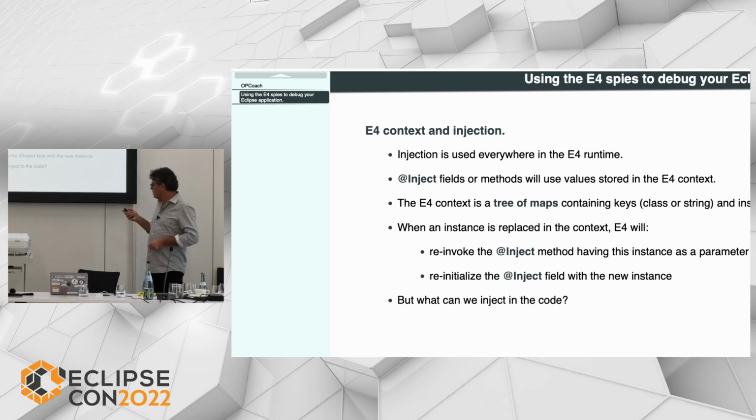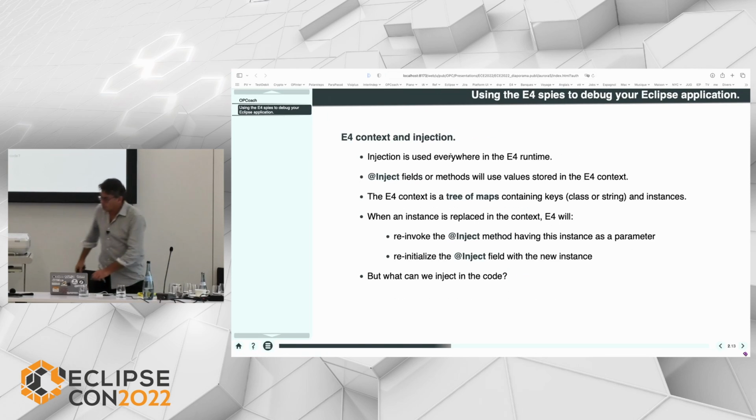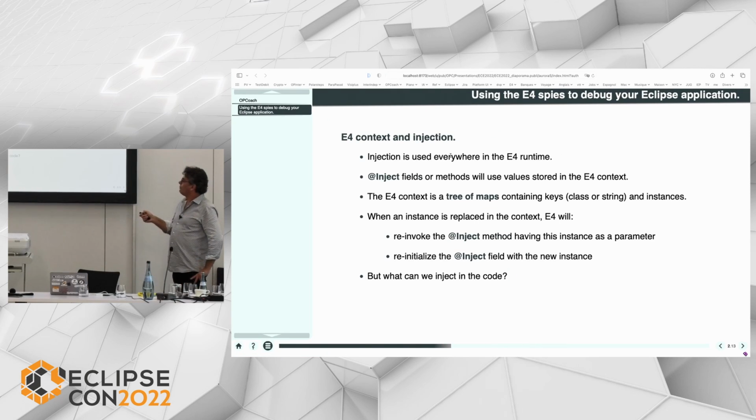When you define a method or field with an inject annotation, the E4 injector remembers that this method has injected this parameter with this class. So if the value changes in the context and the instance is replaced, the method or the field will be reinvoked or reinitialized.